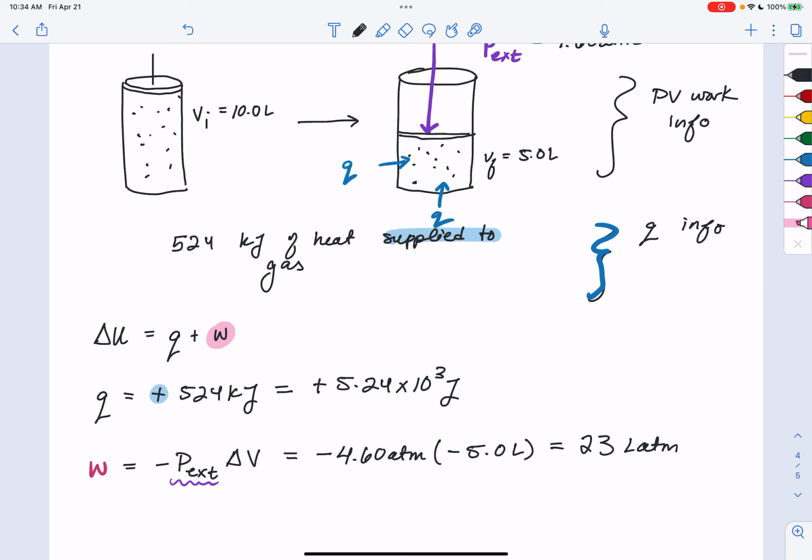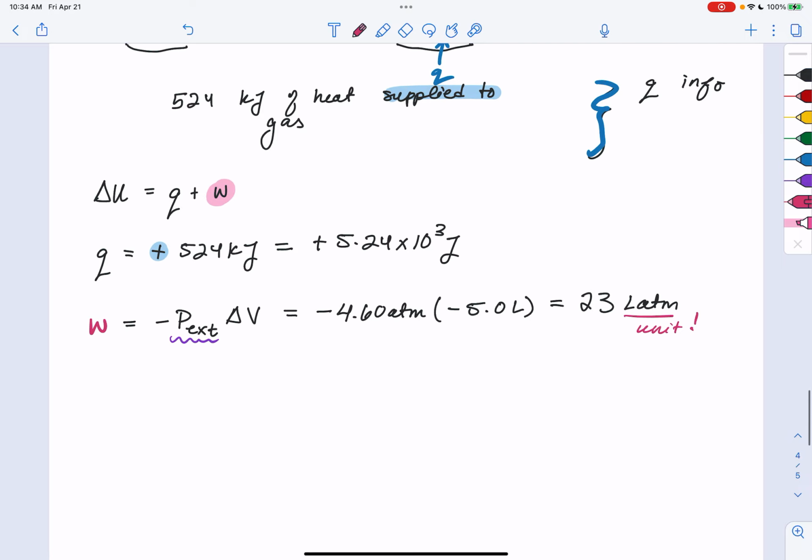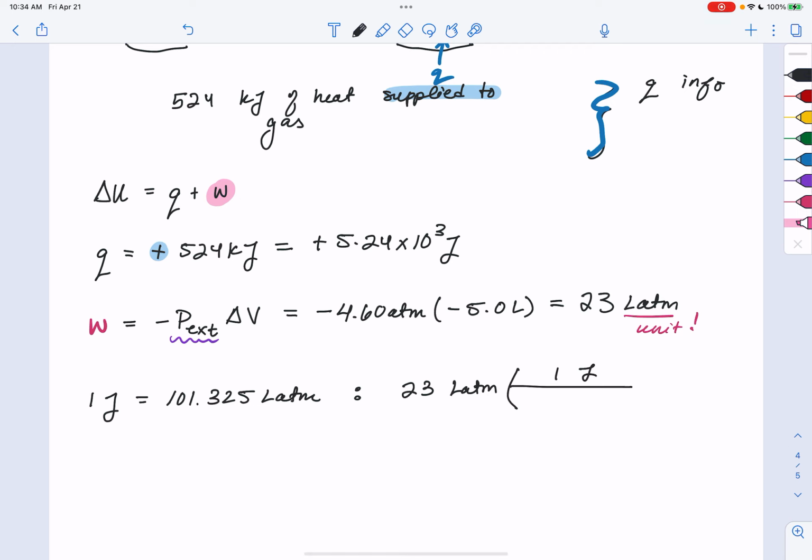So I've got my work, however, my unit needs to be in joules. So I'm going to just bring back a conversion factor where 1 joule is equivalent to 101.325 liter atmospheres. So if I've got 23 liter atmospheres, and I know that 1 joule is equal to 101.325 liter atmospheres, then I would do a division.